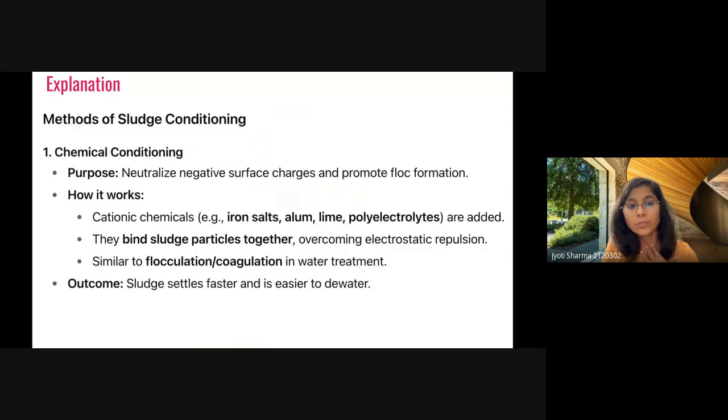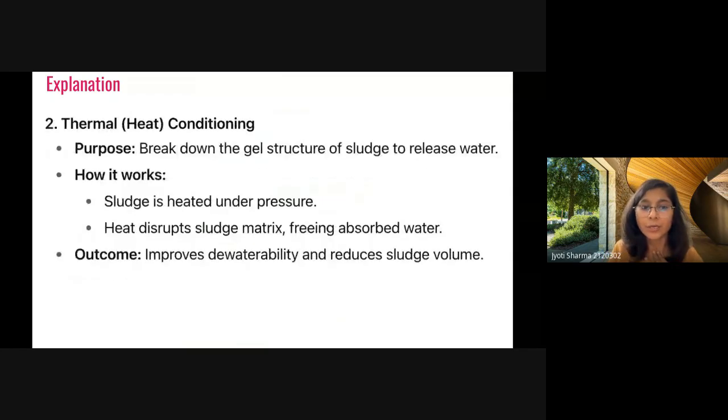And we can also use thermal conditioning, so we can provide heat to the sludge so that we can break down the gel structure of the sludge, so that it can release the water. As I told you, conditioning is the pre-step for the dewatering, right? So we have two types of conditioning: chemical and thermal.